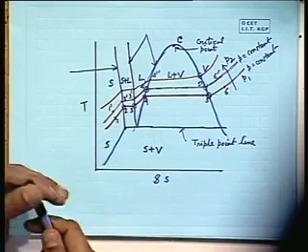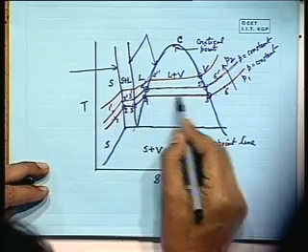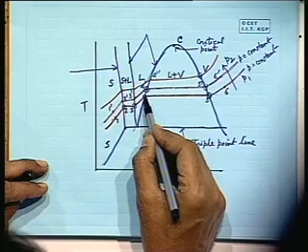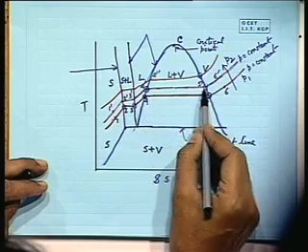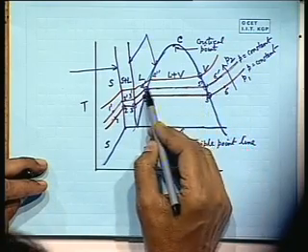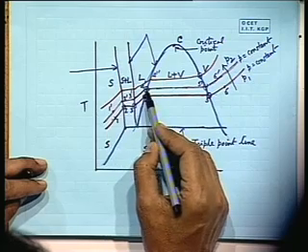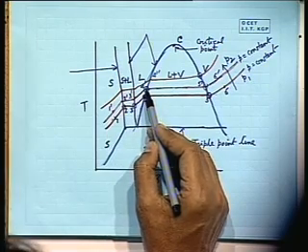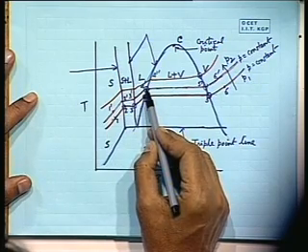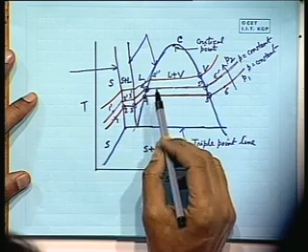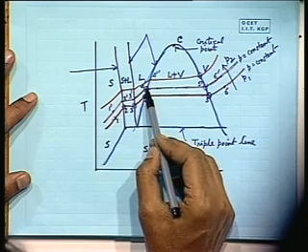For example, if this is a 1 atmospheric pressure line, this is for water 100 degrees Celsius. If this is a 5 atmospheric pressure line, then this temperature may be something around 150 degrees Celsius. So water has to be heated to 150 degrees Celsius, so that the entropy is more.